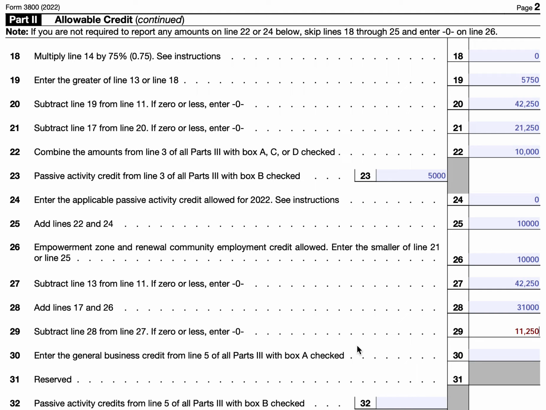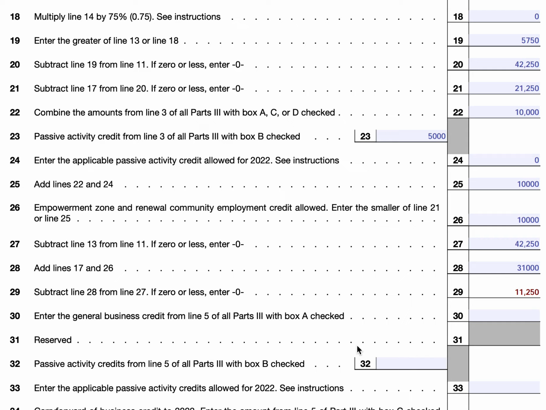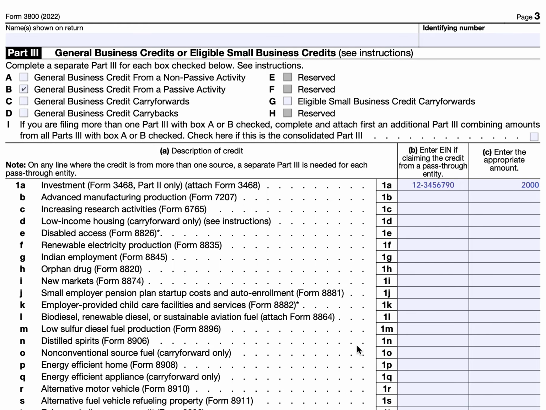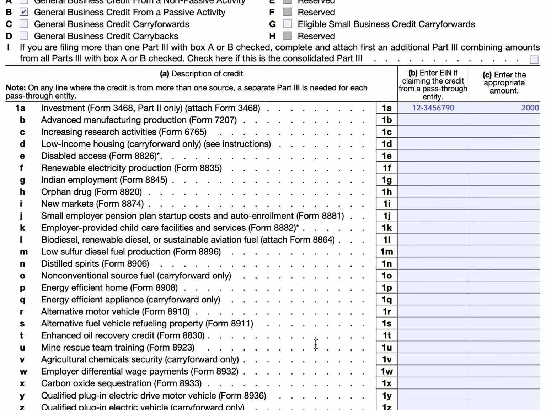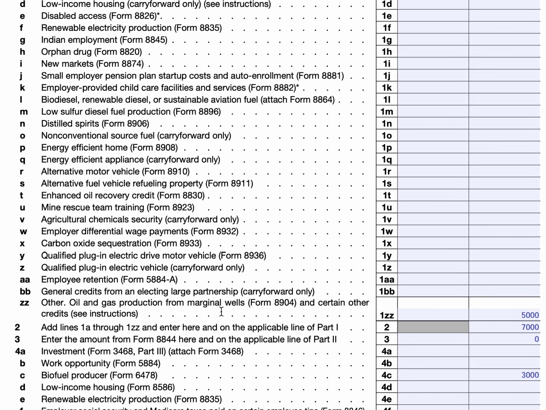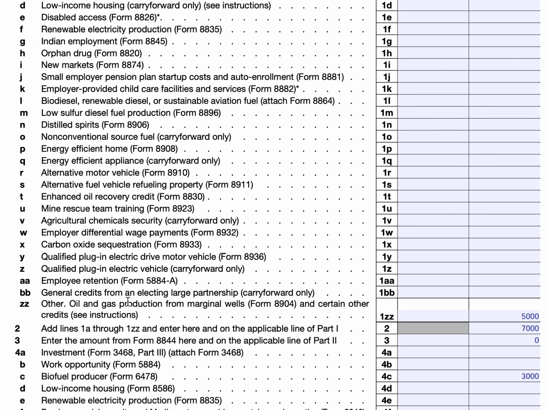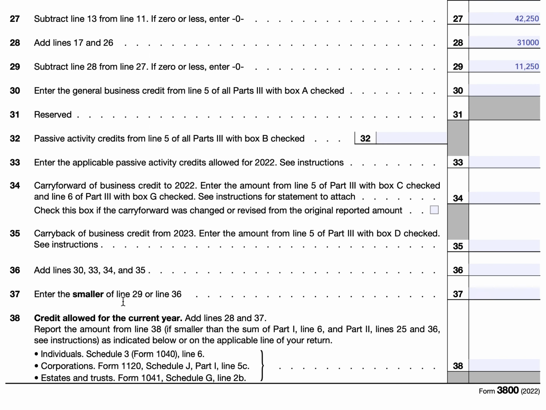In line 30, we're going to enter the general business credit from line 5 of all parts 3 with box A checked. So if you remember, there were all of these tax credits up here under line 1, and then line 2 was the sum of all of those, and then line 5 was the sum of all of the different tax credits on line 4, A through Z. So you're going to combine those separately as general business tax credits.